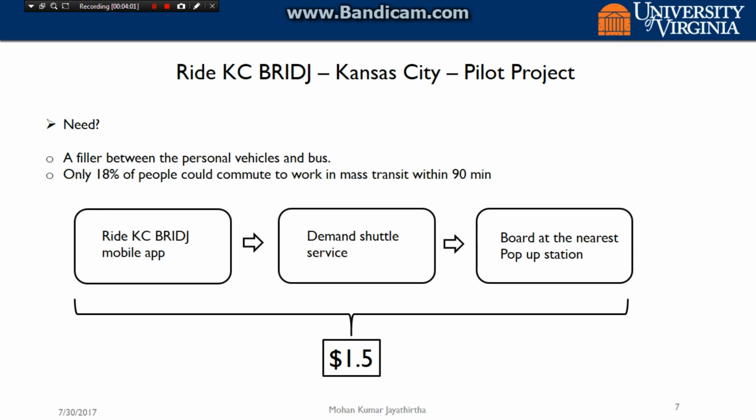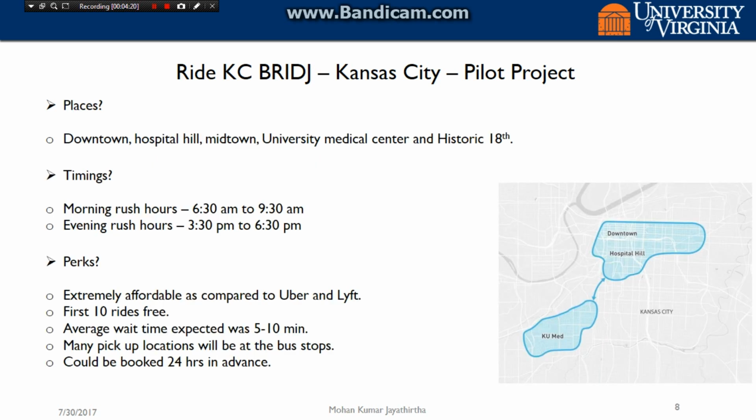The user is boarded into the shuttle at the pop-up location, as they call it in the pilot project. The attractive portion was that all this was at $1.50 for the users, which was extremely affordable compared to the competitors, Lyft and Uber.